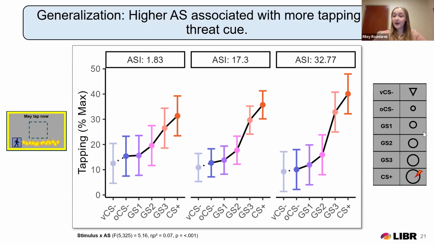And in the far right panel of the graph with high anxiety sensitivity, we can see they had higher percentage of tapping to that threat cue in orange when compared with lower medium anxiety sensitivity. We thought we might see similar tapping to the generalization shapes or those middle-sized rings, as well as with the threat cue, but we did not see that.